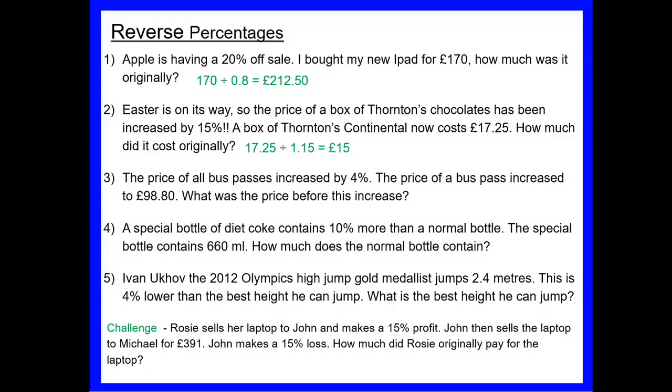For the second one, 17.5 divided by 1.15, the box would have originally been £15. £98.80 divided by 1.04 gives us £95. 660 divided by 1.1 equals 600 millilitres. And 2.4 divided by 0.96 equals 2.5 metres.